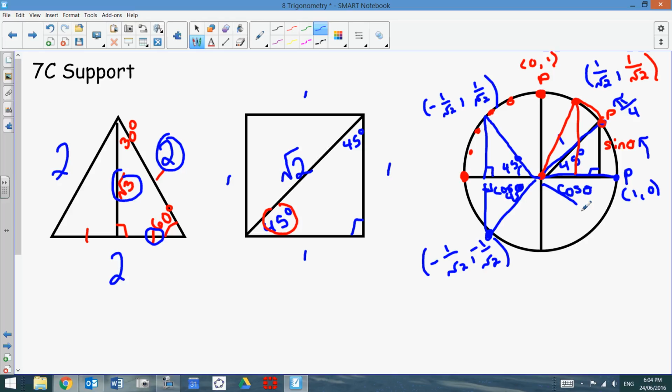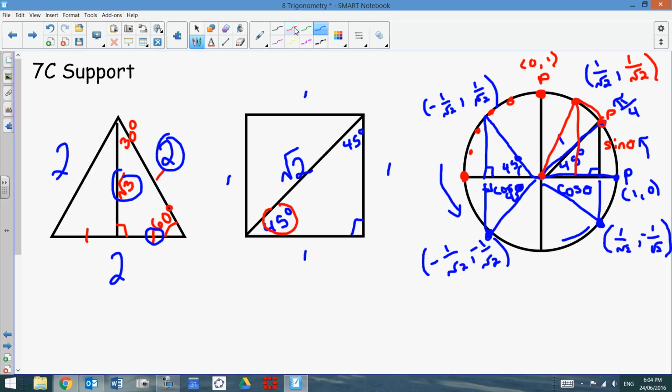And then as I travel to the fourth quadrant, same 45-degree triangle. Here's my point as it continues to travel around the circle. Okay, I now have an x that's positive because I'm going to the right, and then I'm going down to get to this point. So I have 1 over square root of 2 is positive, and then negative 1 over square root of 2 is my y value.